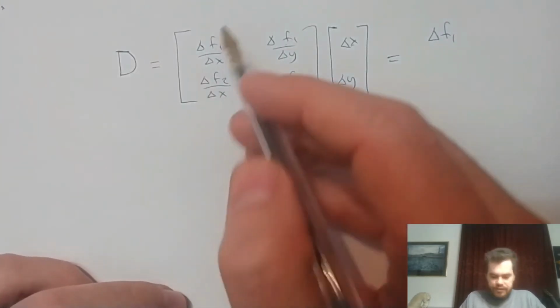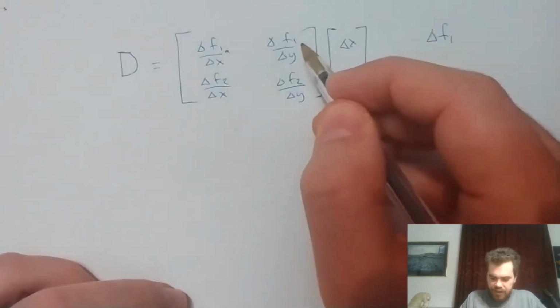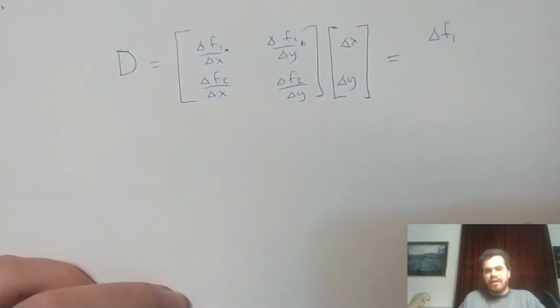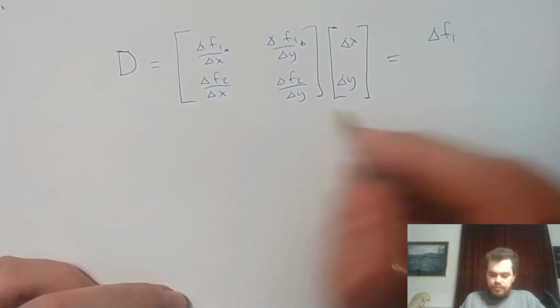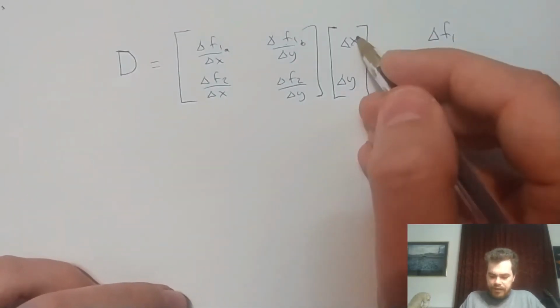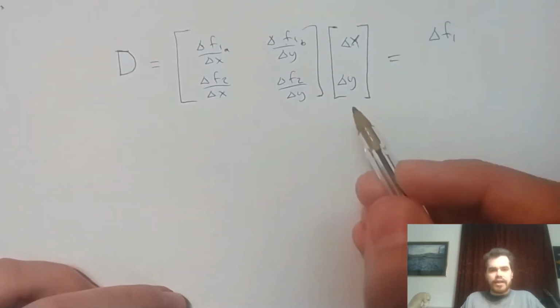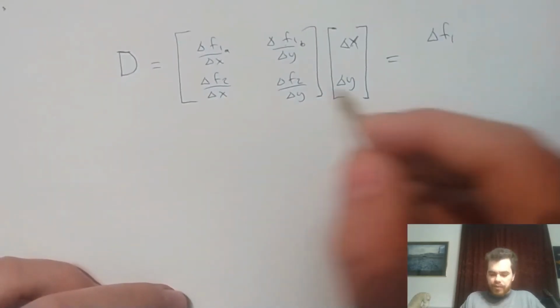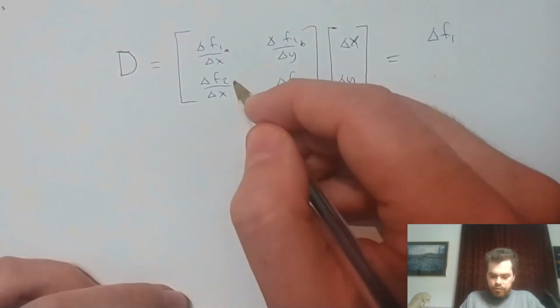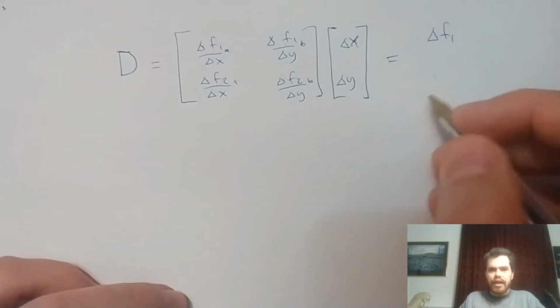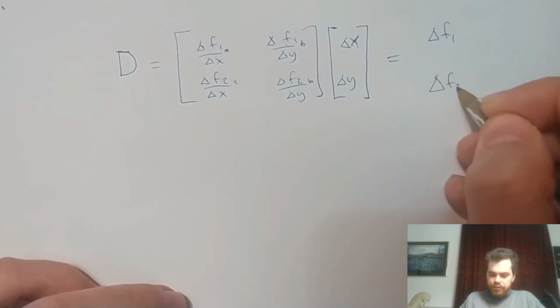I suppose I could say this is delta f1a and delta f1b. But there's some overall change in f1. And the same thing here, we multiply delta x times this term, the delta x's cancel out, delta y cancels out with delta y, and we end up with some overall change in f2.